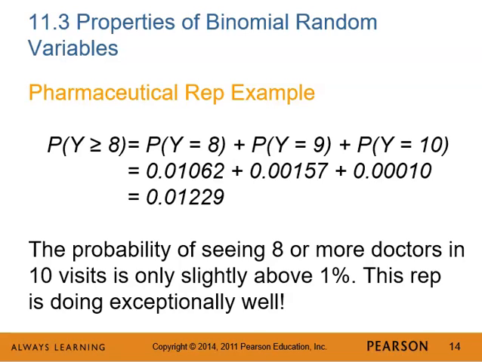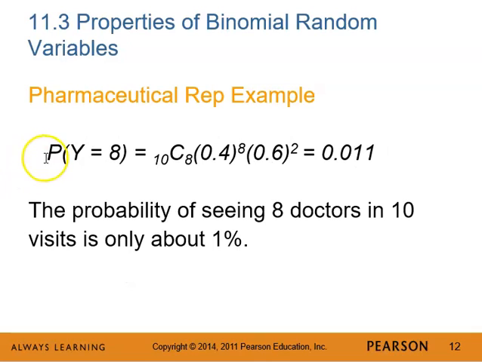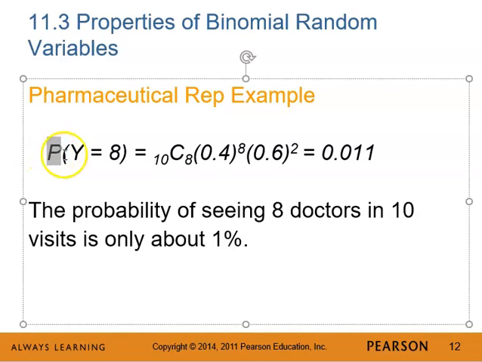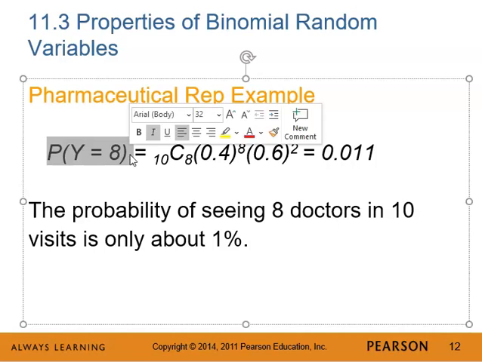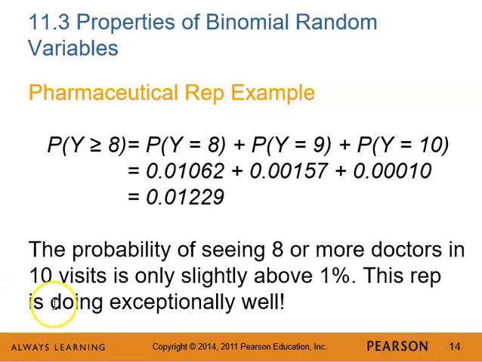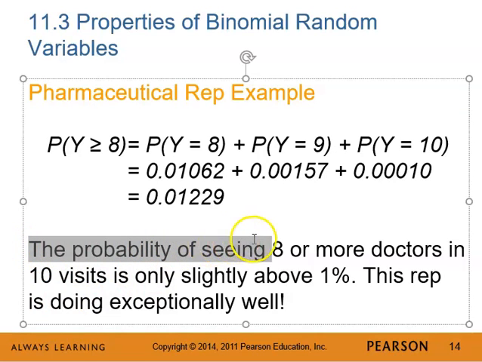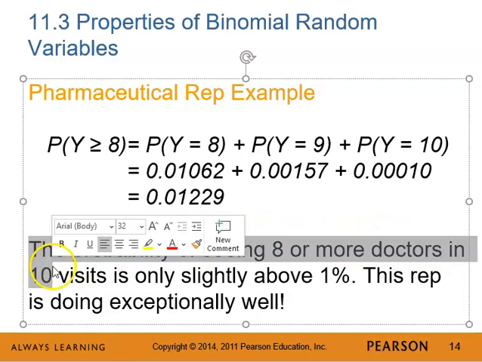So the previous calculation that we had here says, what's the probability that exactly 8 doctors we're seeing in 10 visits? But we also can ask a question like this: what's the probability of seeing 8 or more doctors, at least 8 doctors in 10 visits?